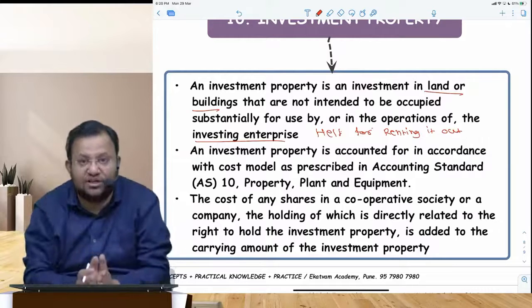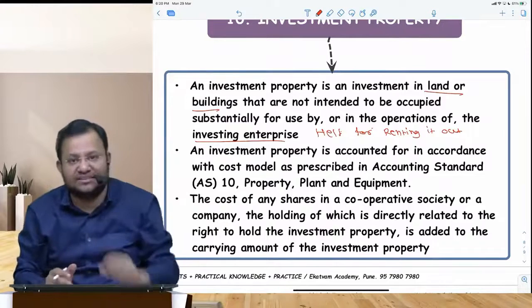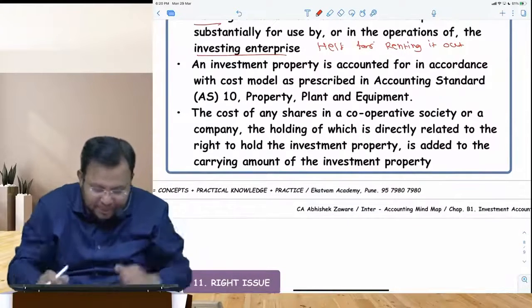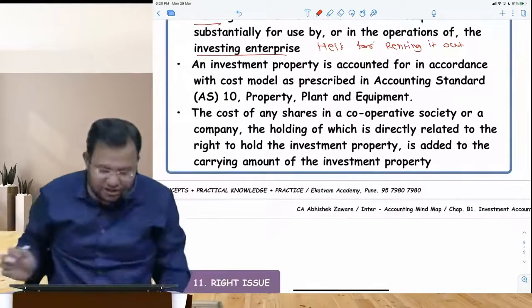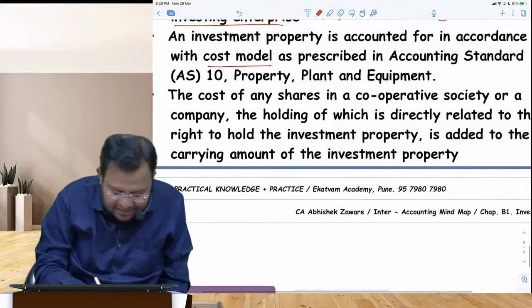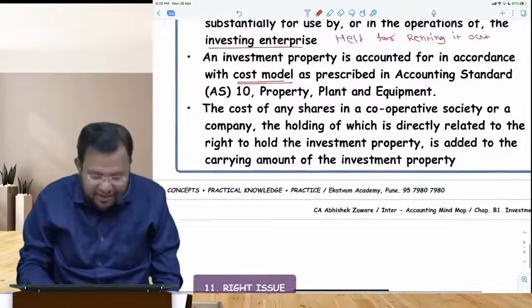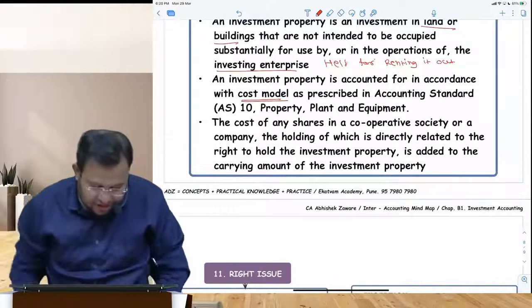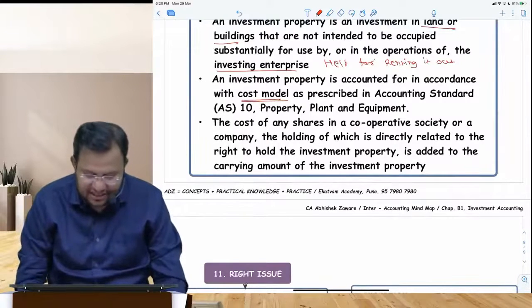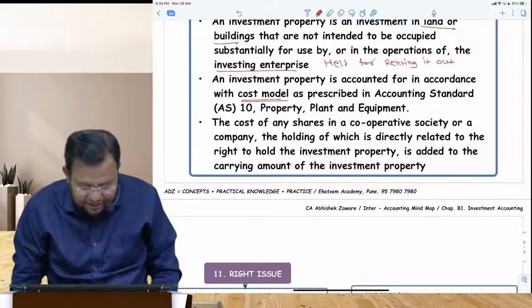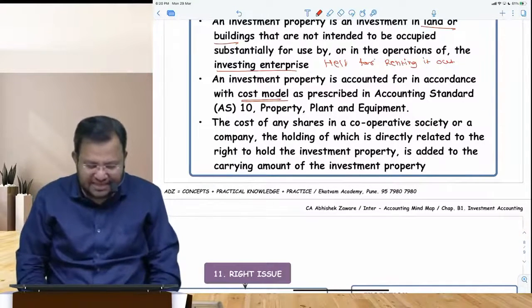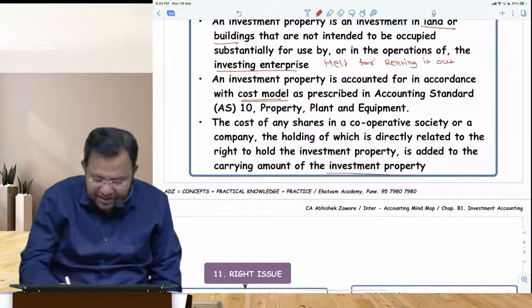Assets which are held for use are your non-current assets or current assets, maybe, depends. And investment property is accounted as per the cost model prescribed in Accounting Standard 10, plant, property and equipment, that is historical cost. The cost of any shares in a cooperative society or a company, the holding of which is directly related to the right to hold investment property, is added to the carrying amount of investment property.